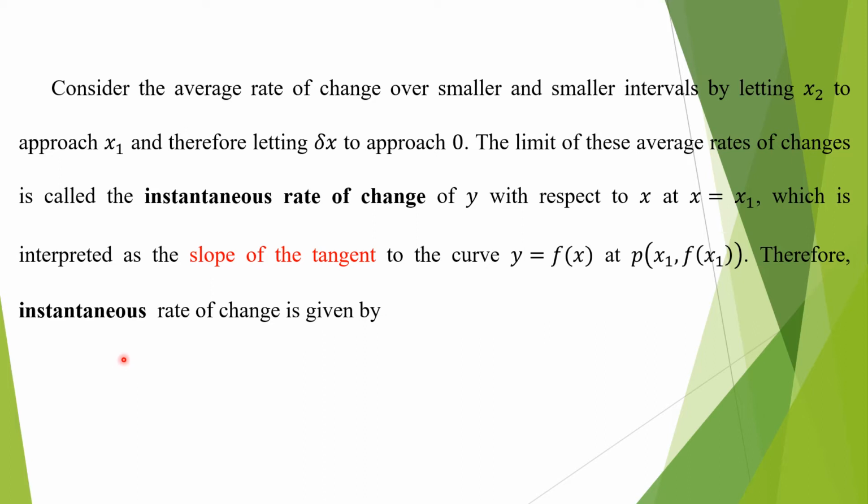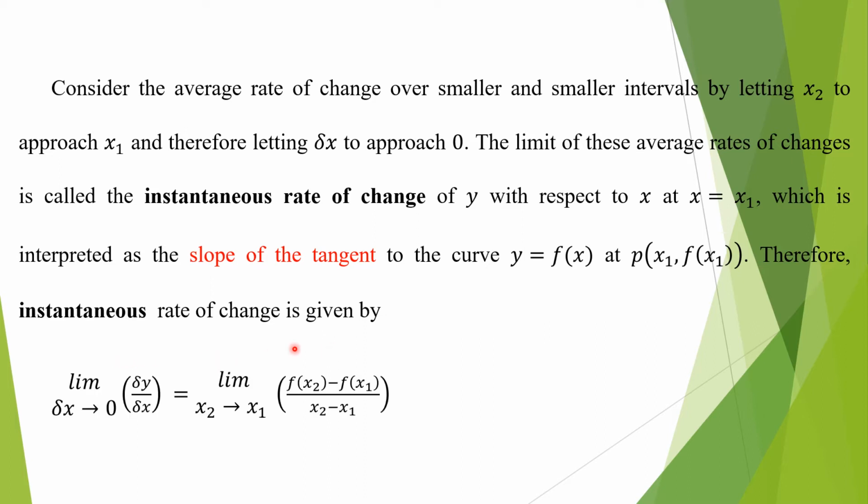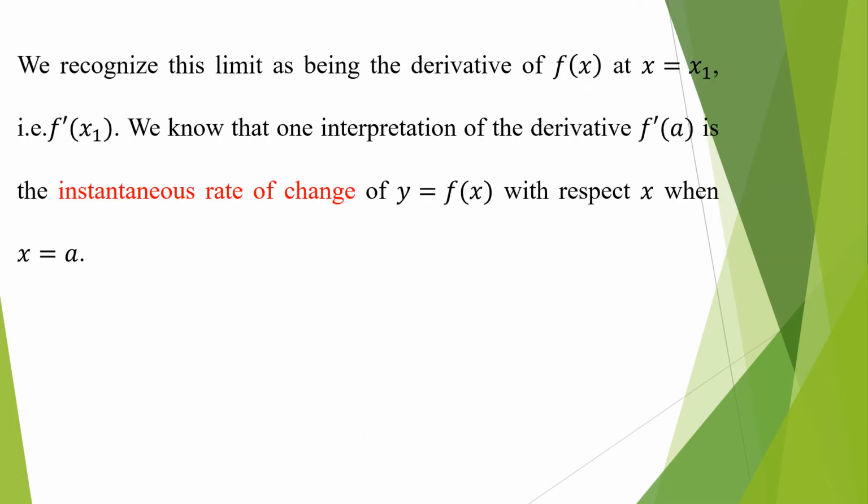Therefore, the instantaneous rate of change is given by the limit as delta x tends to 0 of delta y by delta x, equal to the limit as x2 approaches x1 of f of x2 minus f of x1 divided by x2 minus x1.